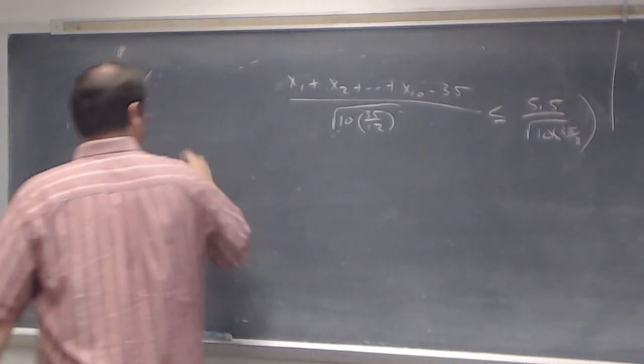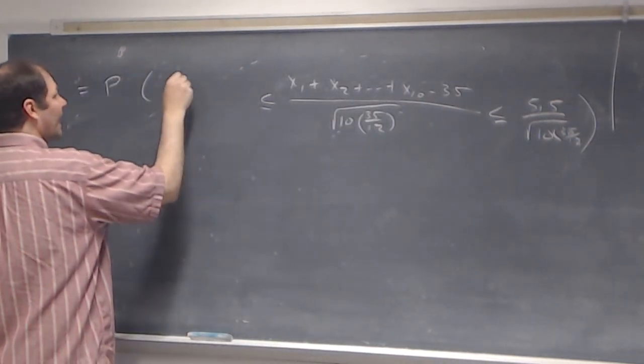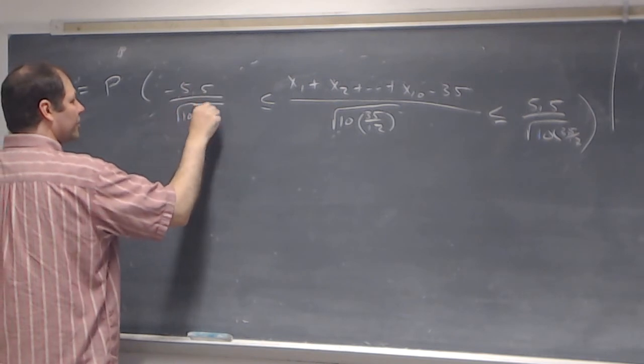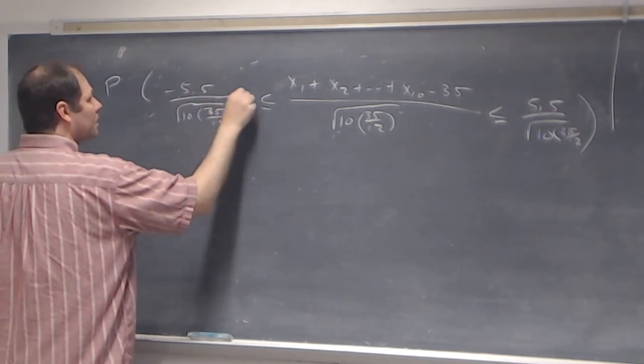Here, less than or equal to minus 5.5 over the square root of 10 times 35 over 12.